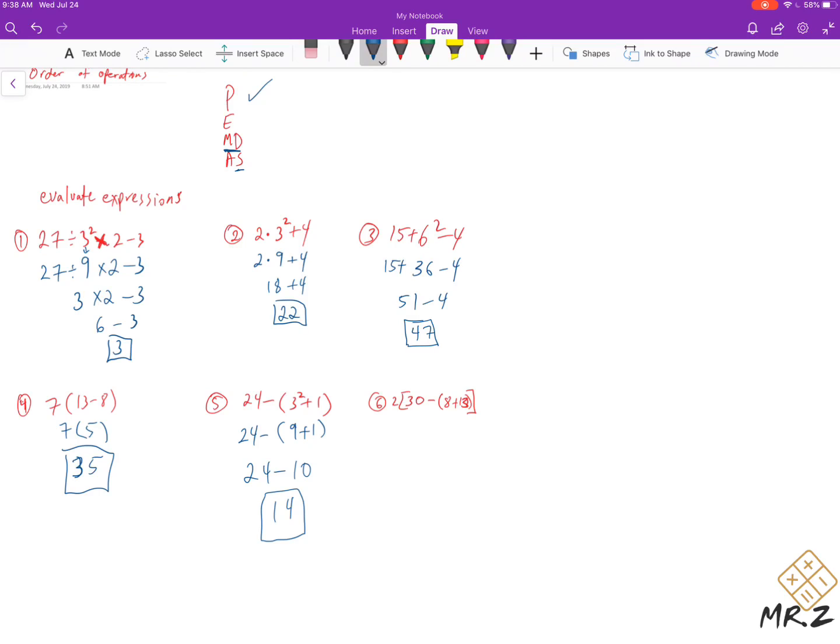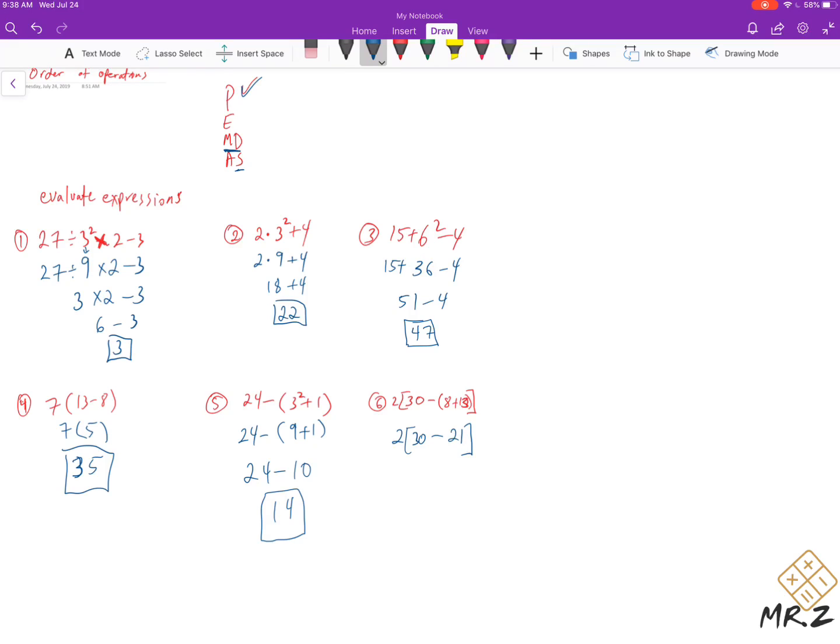All right, now here we have brackets. In the bracket, we also have parentheses, so we have to do that first. You know you're going to have to work in the bracket first, but within that bracket you also have parentheses, so you've got to go even deeper in. So work on that parentheses first. So 8 plus 13 is 21. Okay, so we have 2 times 30 minus 21.